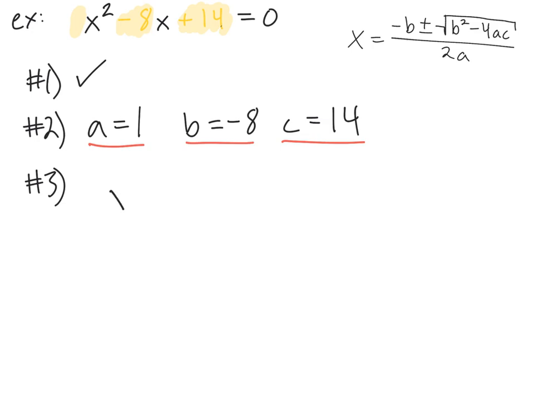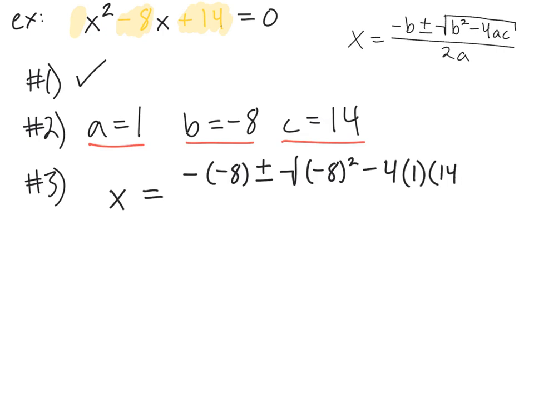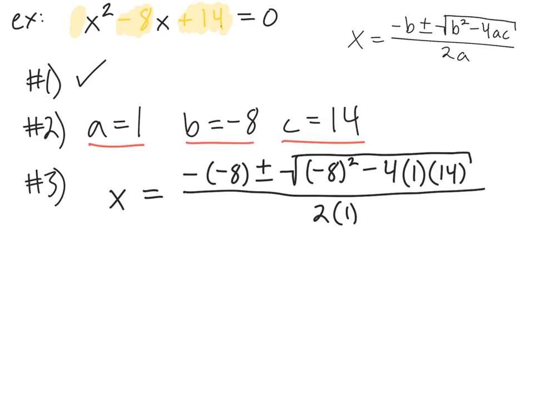So we have x equals negative b. Well, b is -8, so I'm going to put that in parentheses, plus or minus the square root of b squared, it's -8 in parentheses again, minus 4 times a, which is 1, and times c, which is 14, all under the square root, on top of 2 times a, which is 1.